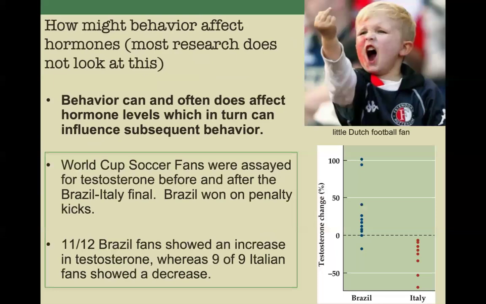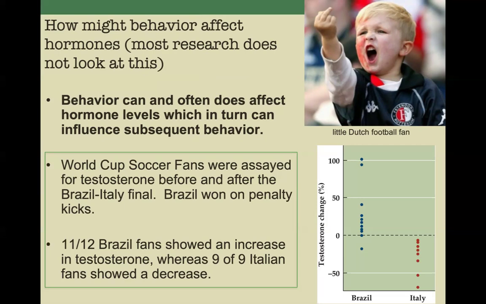One fun example of this involves the World Cup. One study looked at hormone levels, specifically testosterone changes of fans in a World Cup finals match between Brazil and Italy. Brazil won on penalty kicks, a very sort of nerve-wracking, frustrating finale of a soccer match.